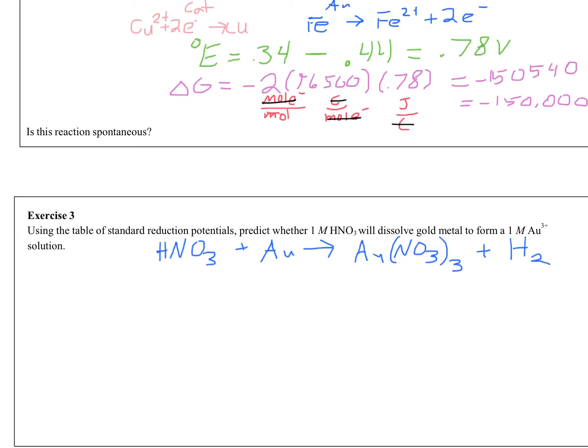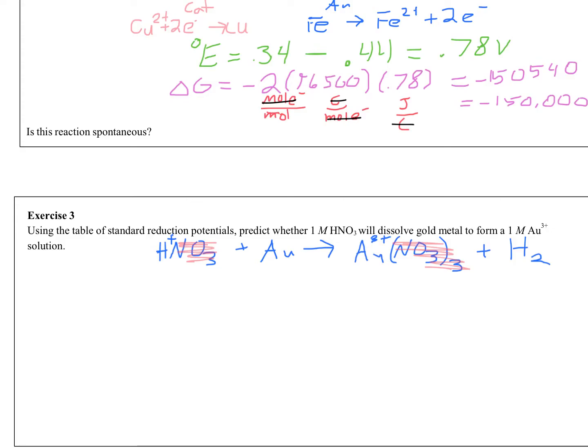So let's do that. Let's get rid of our soluble ions. So that would leave this as Au3+. So now if I actually look at this as H+ plus Au makes Au3+ plus H2.